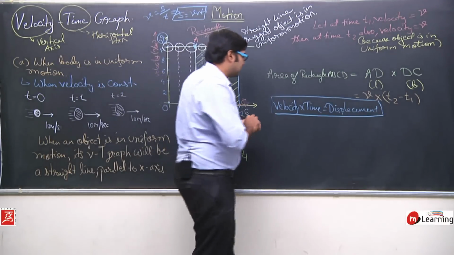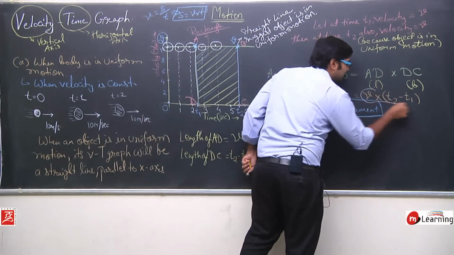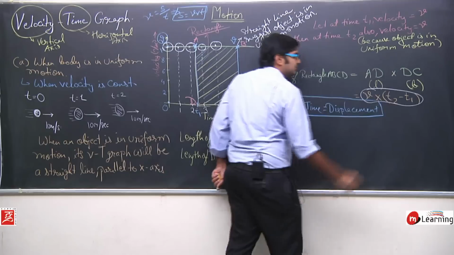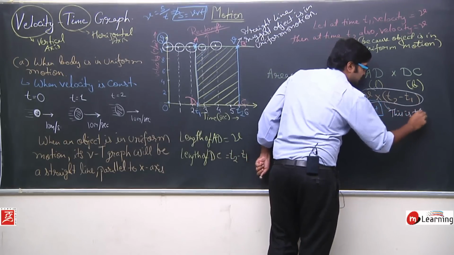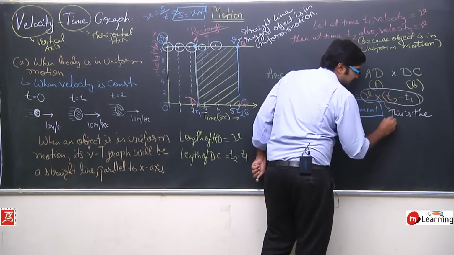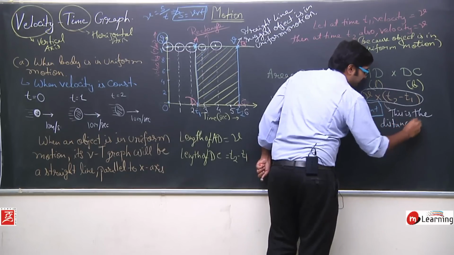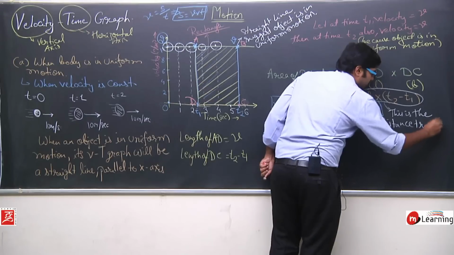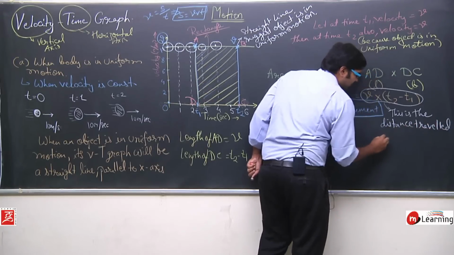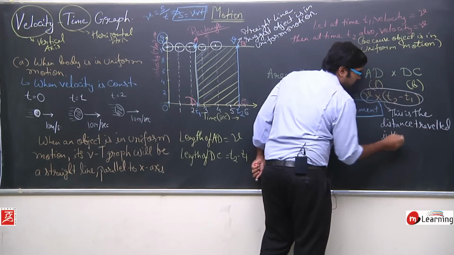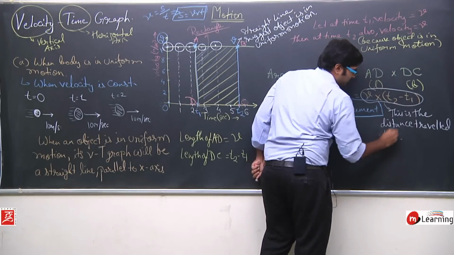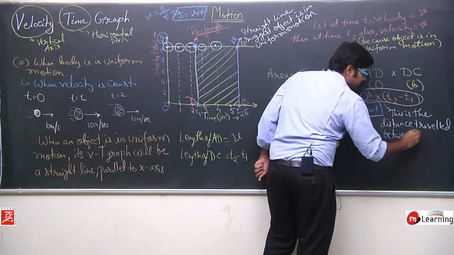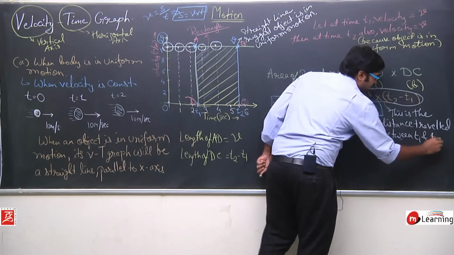So this expression, V into T2 minus T1, is the displacement or the distance travelled between T1 and T2.